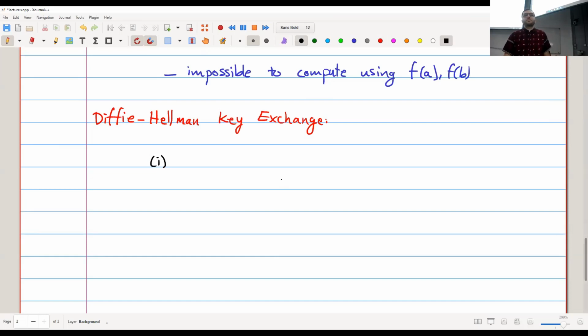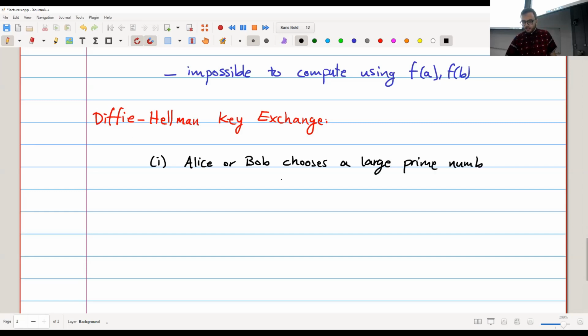And when I say I want both sides to choose, I mean, I don't care who chooses it. You can have Alice choose it or Bob choose it. I don't really care. So let's say Alice or Bob chooses a large prime number P. And I wrote the P in blue because this is going to be public.